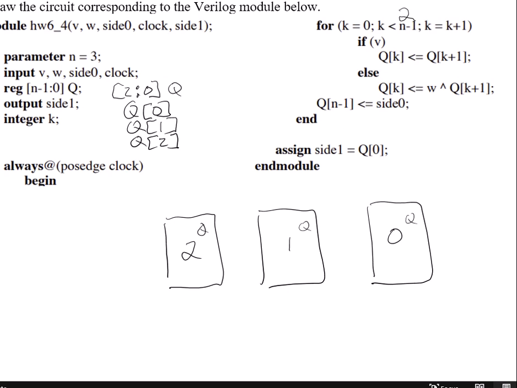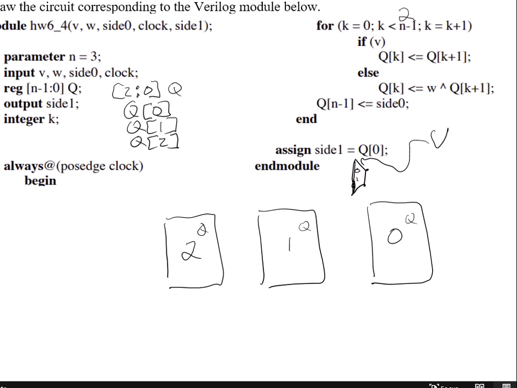So I'm going to put a little multiplexer up here, because ifs often mean multiplexers. And V, the variable V, is going to be my input to my multiplexer, and my multiplexer has 0 and 1.